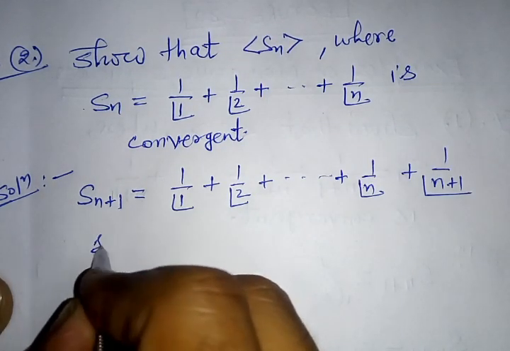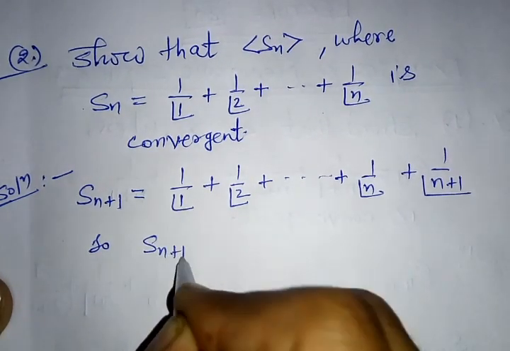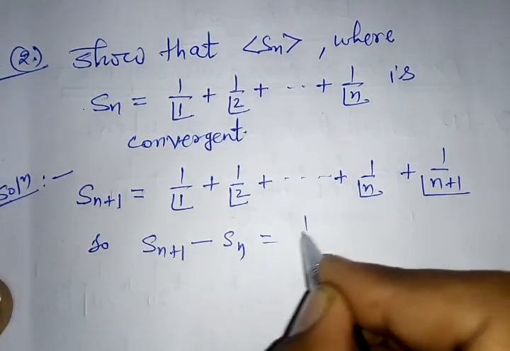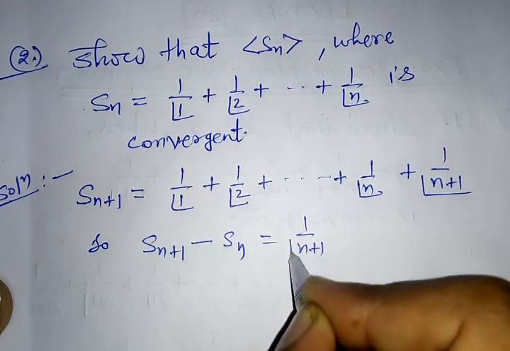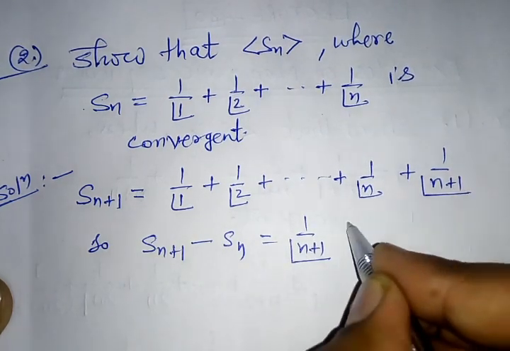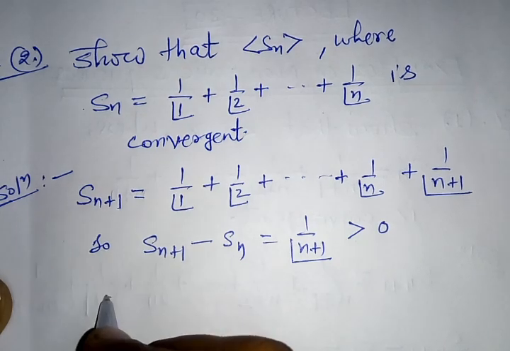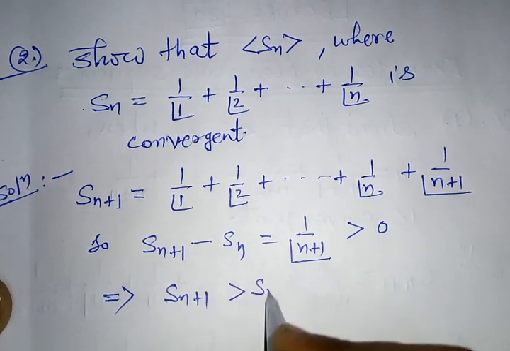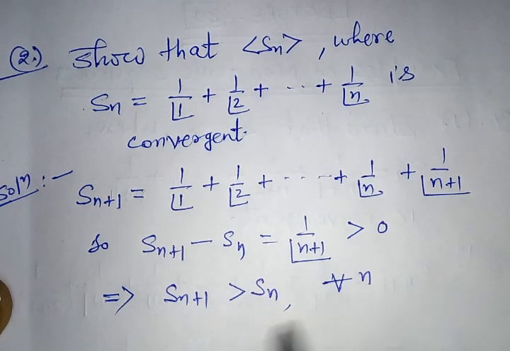So Sn plus 1 minus Sn is equal to 1 upon factorial n plus 1. This term is always greater than 0. So what we get? Sn plus 1 is greater than Sn for each n.